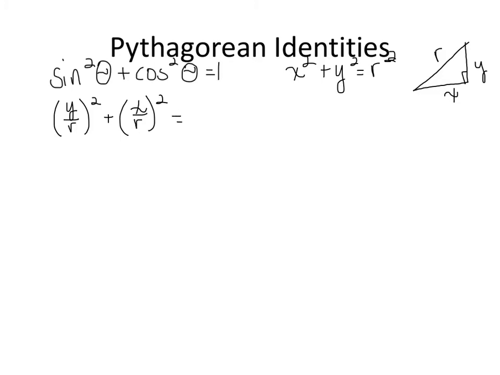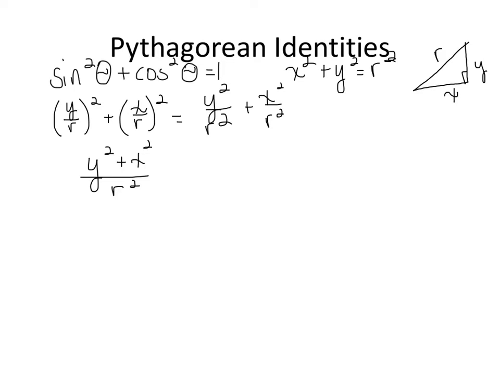Extending the exponent, I get y squared over r squared plus x squared over r squared. I can then combine the numerators because there's a common denominator. When I do that, I get y squared plus x squared over r squared.